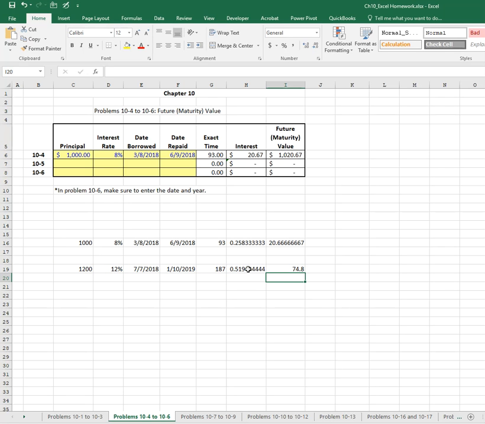So I didn't need to, sorry. You probably heard my brain spinning while I was doing that. We already calculated the percent of the year that we used the loan. It's just a little over a half. And so our math is just the principal times the rate times the portion of the year that we had it. Okay, so $74.80. And then our future value would be 1,200 plus 74.80.